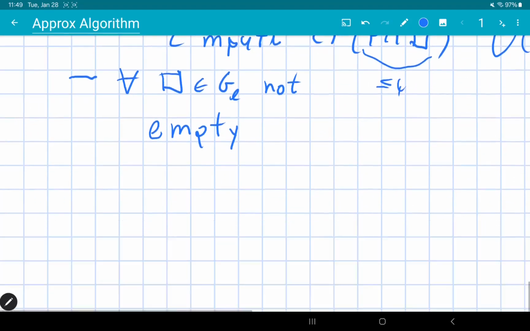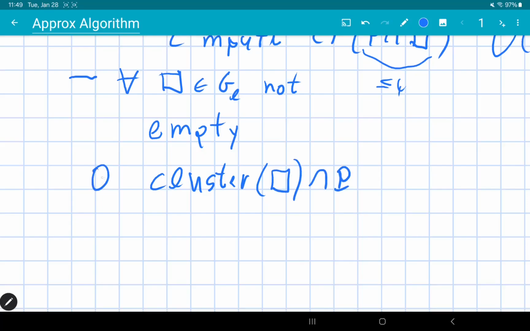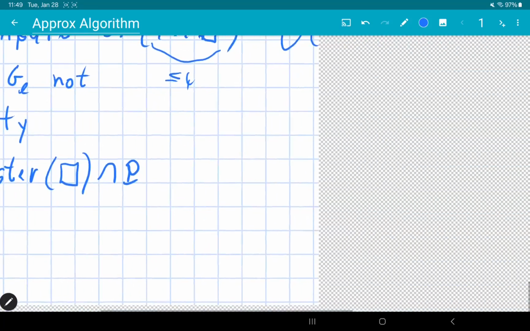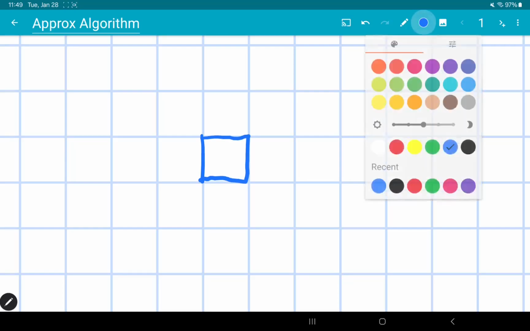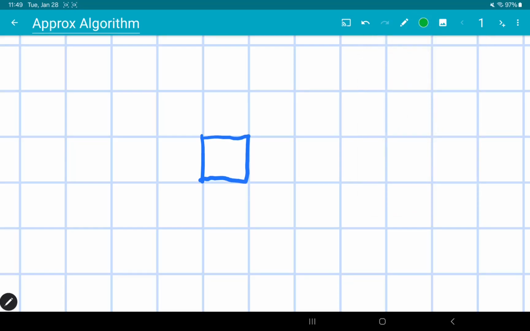So now we are going to do something interesting. We're going to look at all the points in the cluster of the cell. Let's call this Q of the cell. So what is the cluster? For a grid cell in 2 dimensions, its cluster is all the grid cells that touch it, including itself.